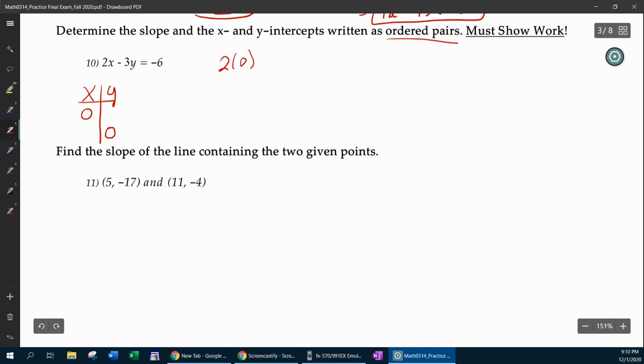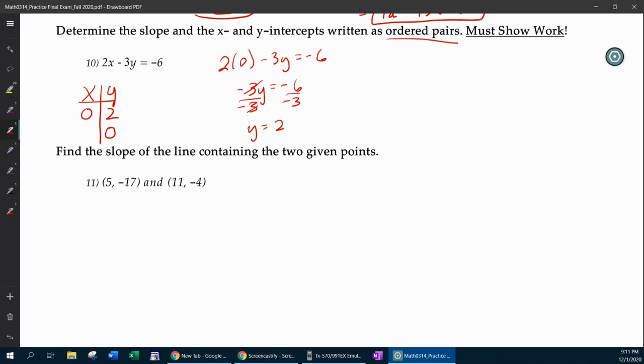Letting x be 0 means to replace x with 0, and 2 times 0 is 0, and 0 minus 3y is just minus 3y. And then if I divide by negative 3, I'm going to have my y-intercept.